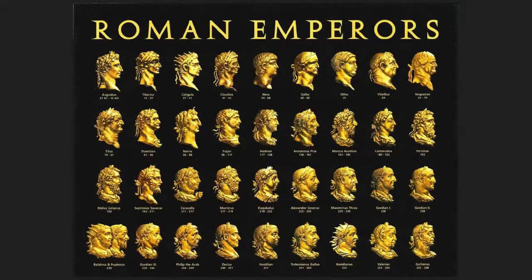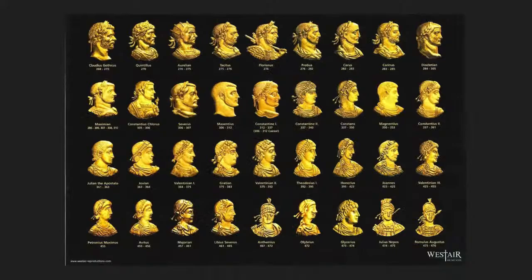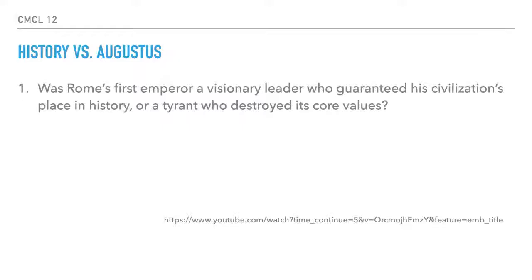Some of them are good, some of them are awful, some of them are mentally ill, some of them are good administrators, some of them are very poor administrators. And so, again, the strength of the empire really relies on the strength of the emperor. And again, these emperors kind of vary in quality over the years.